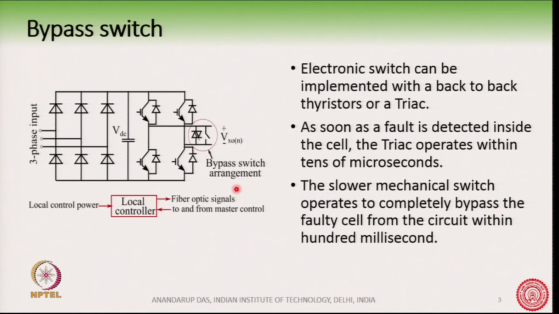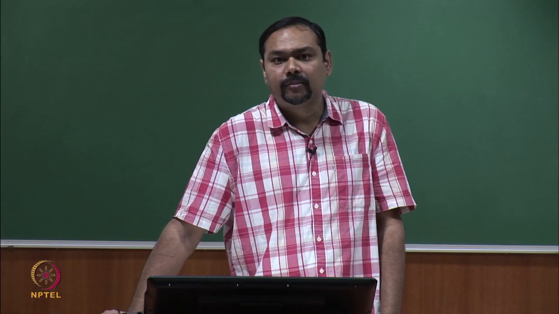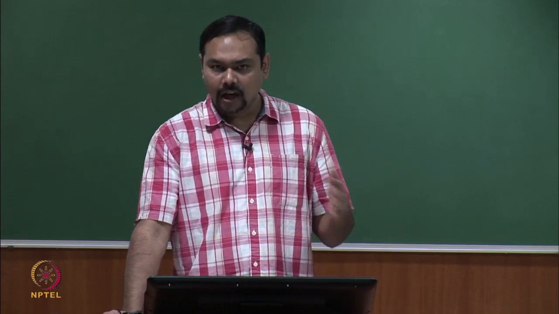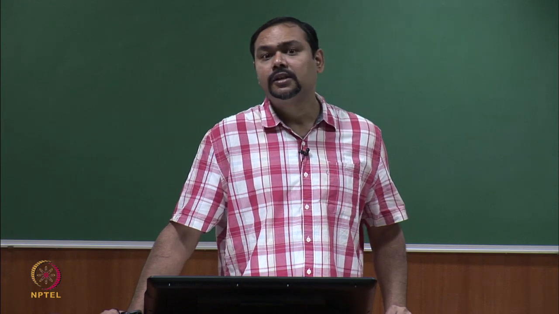After this 100 milliseconds, the mechanical switch fully isolates this cell. Then the cell is outside the circuit, and with some necessary precautions it can be taken out of the converter during a scheduled maintenance operation.